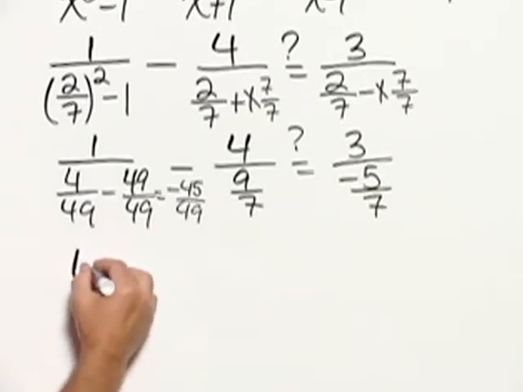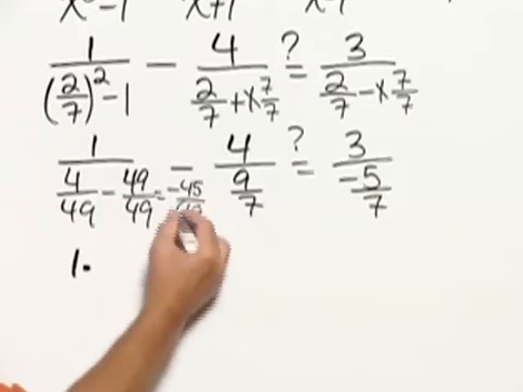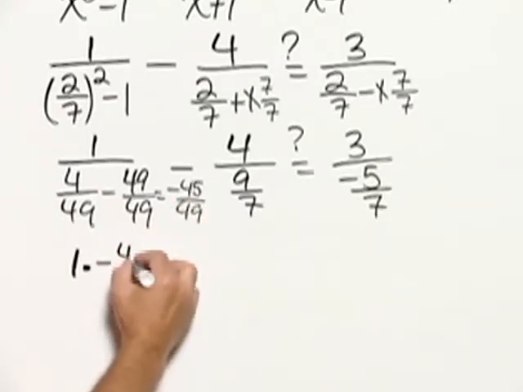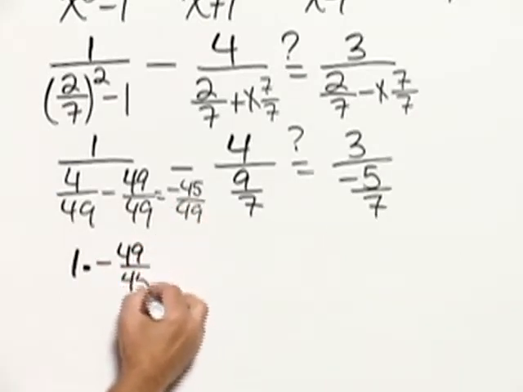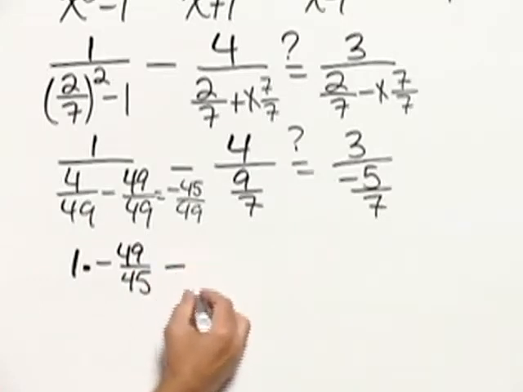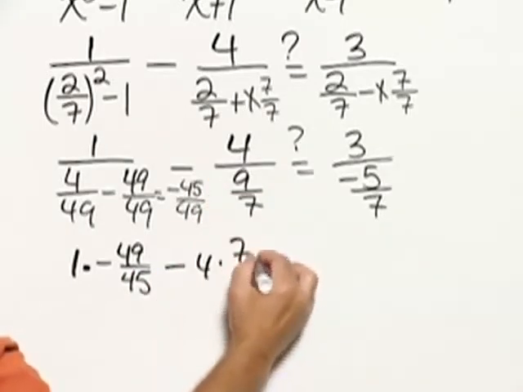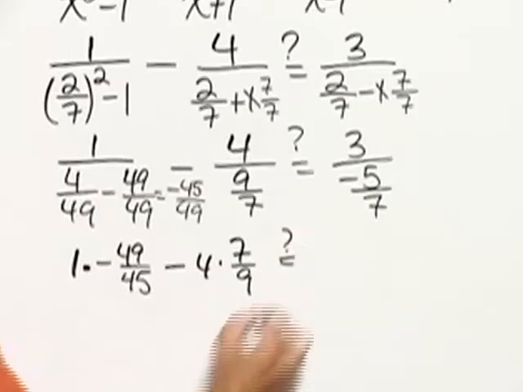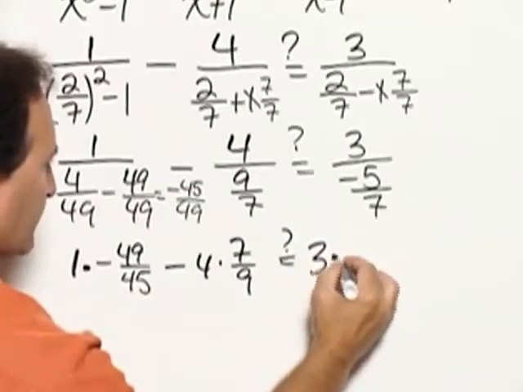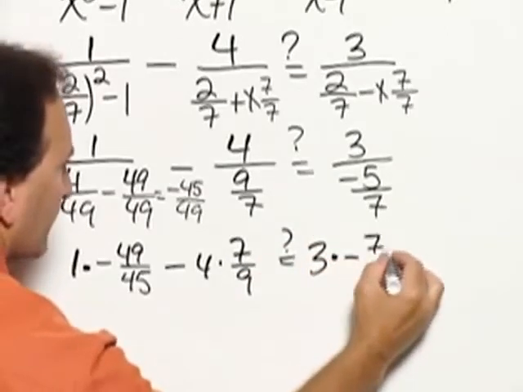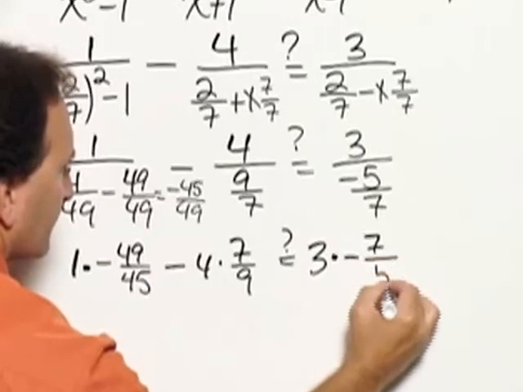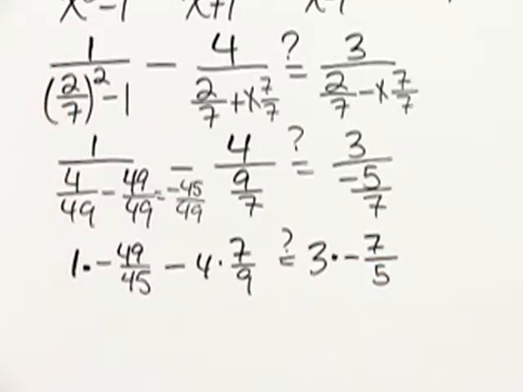So this becomes 1 times, in this case, negative 49/45, minus 4 times 7/9. We want to know, does that equal 3 times negative 7/5?